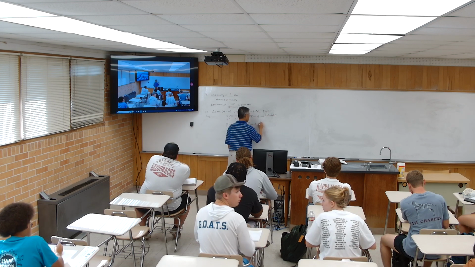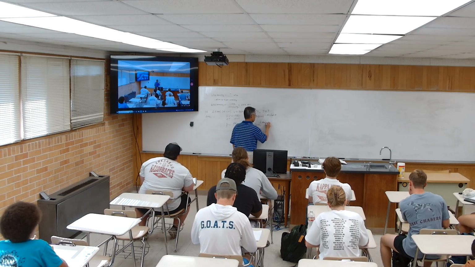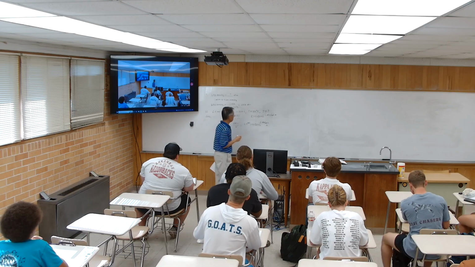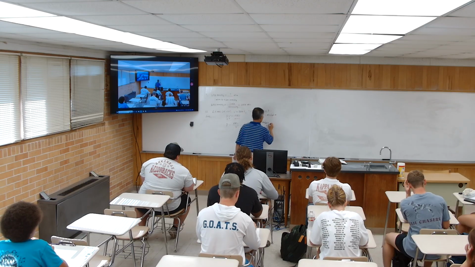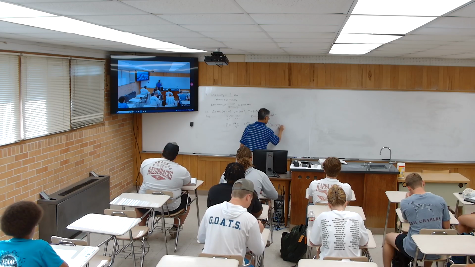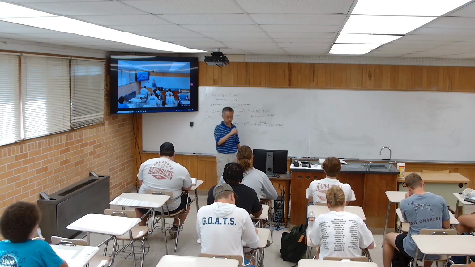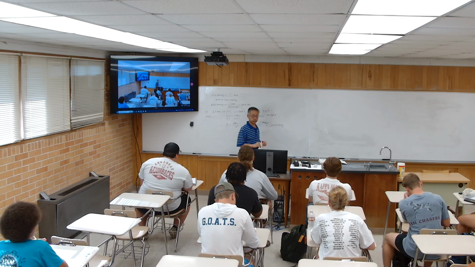R is 0.08206, unit is liter atm per mole per K. T, 62 degrees Celsius. You need to convert it to Kelvin: 62 plus 273.15. If you use 273, that's fine. But you cannot use 62 directly.